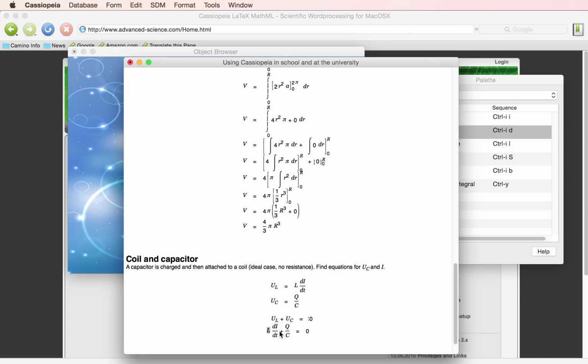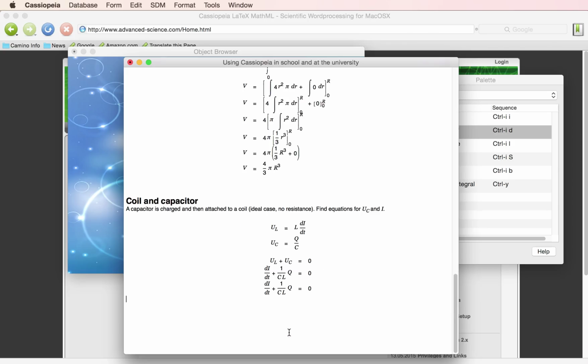Let's divide by L and realize that di over dt is actually the second derivative of Q. Okay, let's make the following approach.